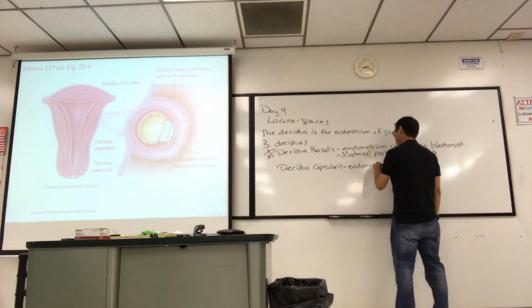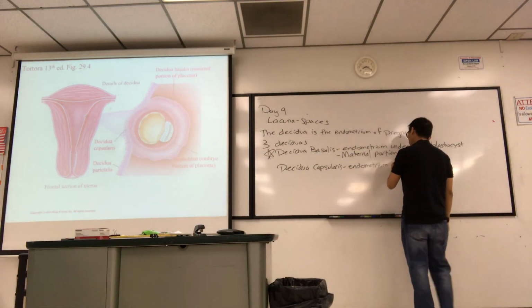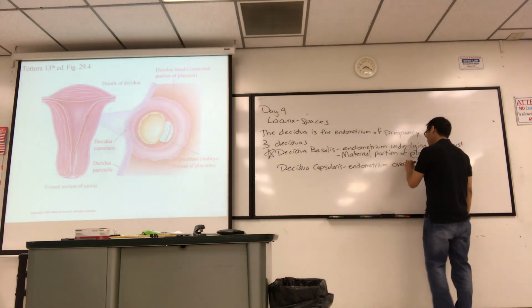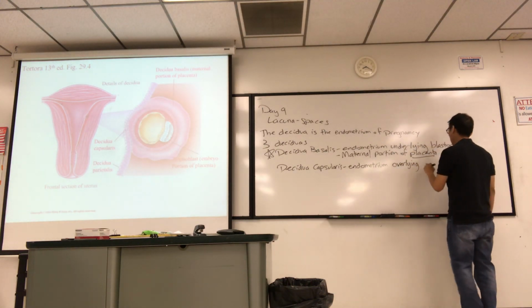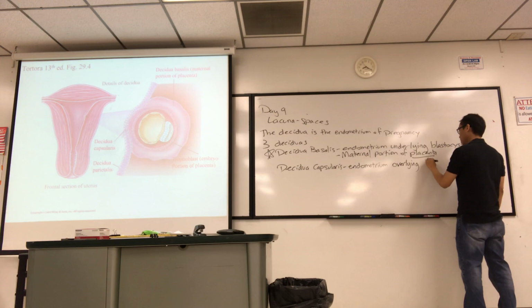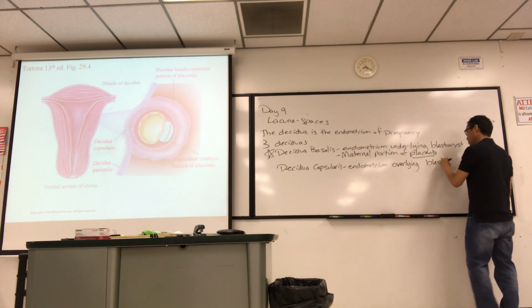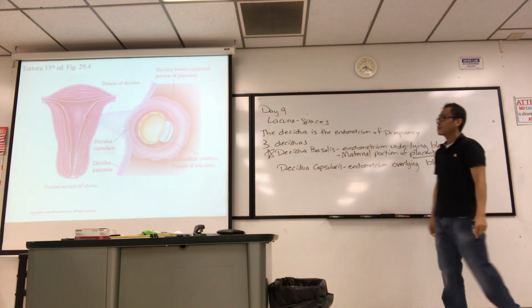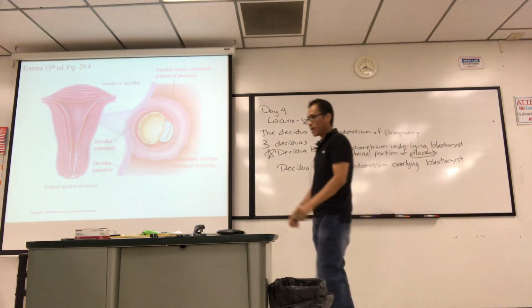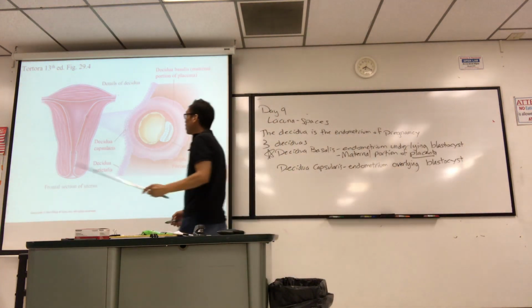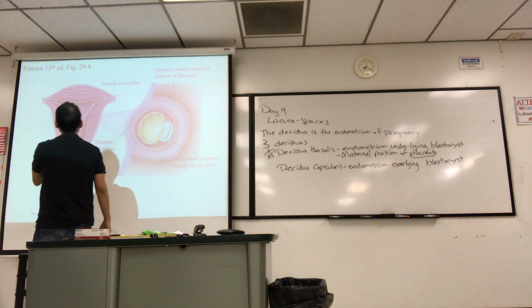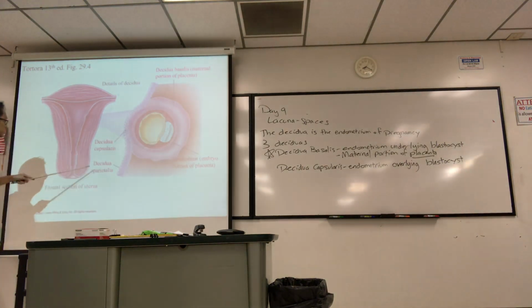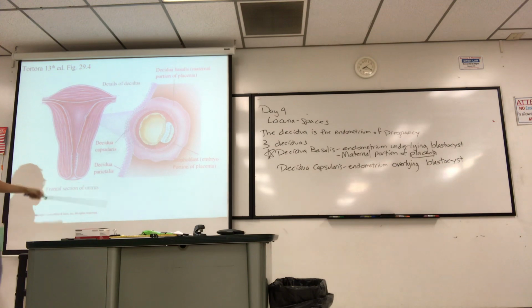Endometrium overlying baby, or in this case, blastocyst. And then basically lining the rest of the uterine cavity where baby is not, they call it decidua parietalis.